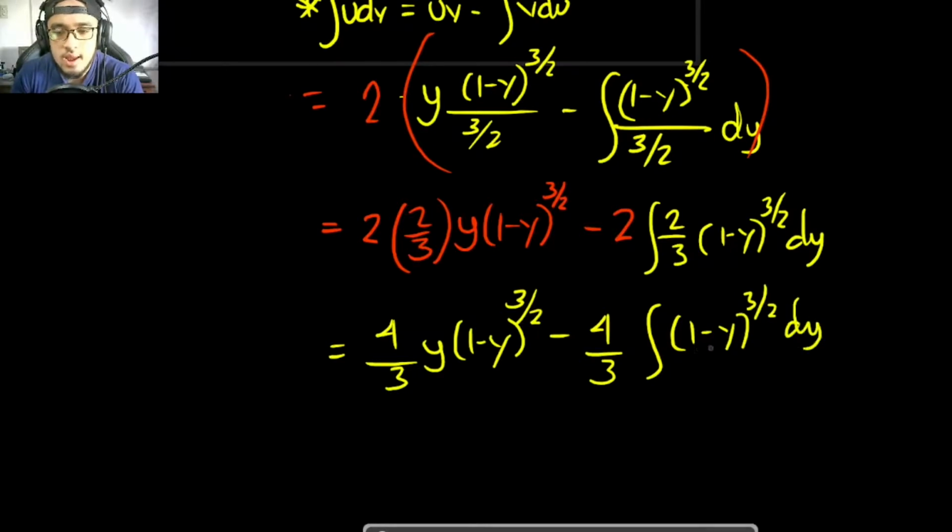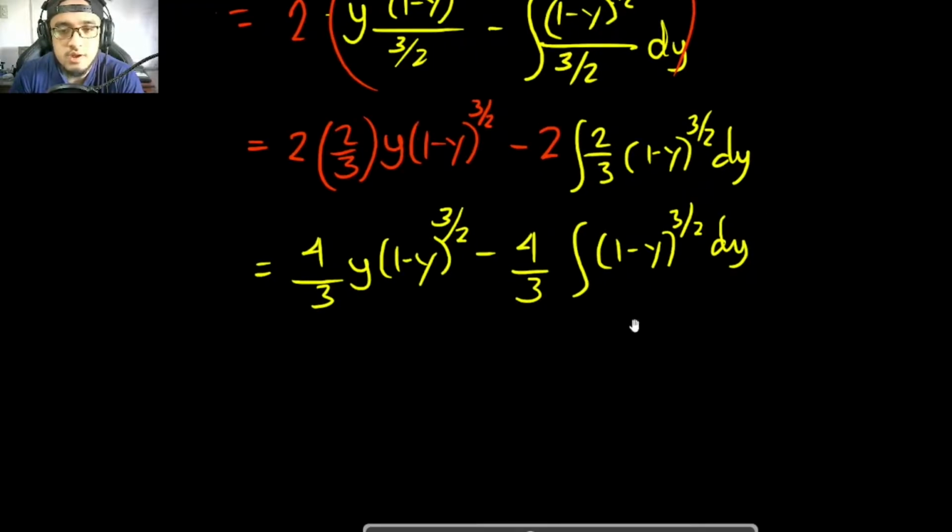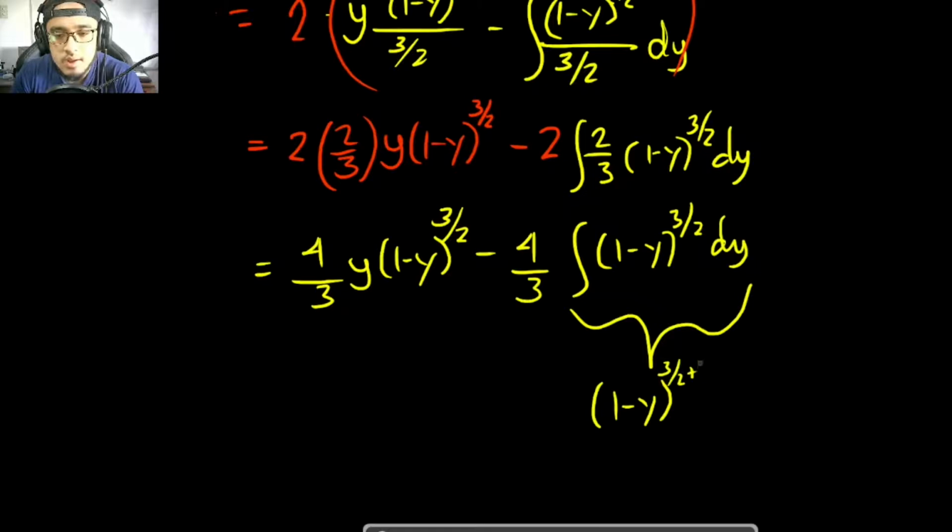So getting the integral of this function right here, that would just give you an answer of 1 minus y raised to 3 halves plus 1, so n plus 1, so 3 halves plus 1, and this would be giving an answer of 5 halves. So basic math, so 5 halves divided by 5 halves, so plus c, but let's just include that later.